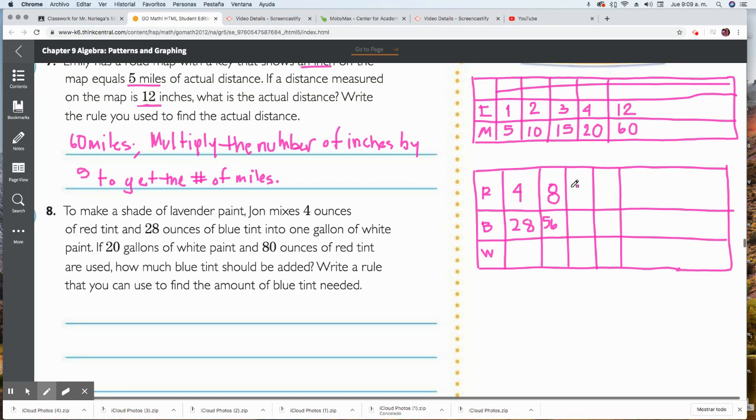We add 4 more to 8, that will equal 12, and 7 times 12 is 84. Then I'm going to add 4 more to 12, that's 16, and 16 times 7, I know that 7 times 6 is 42. Put the 2 down, carry the 4 over. 7 times 1 is 7, plus 4 is 11, so it's 112.